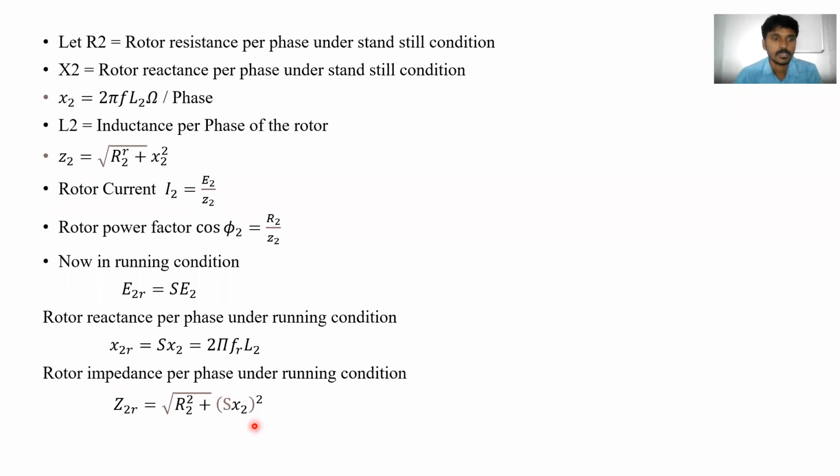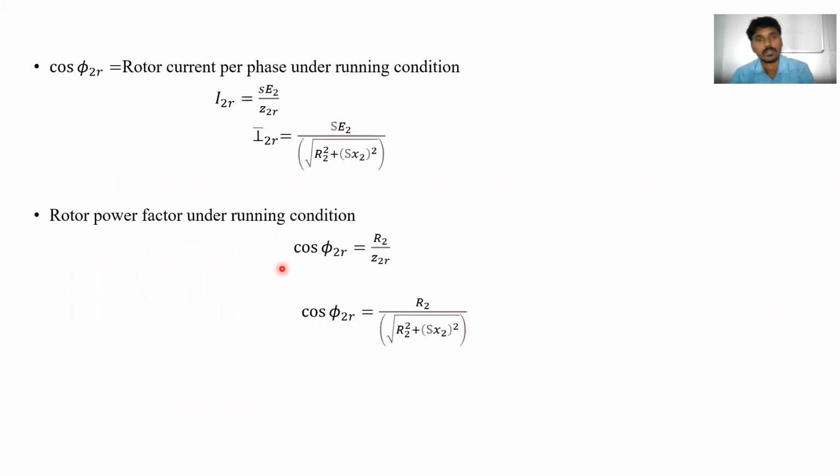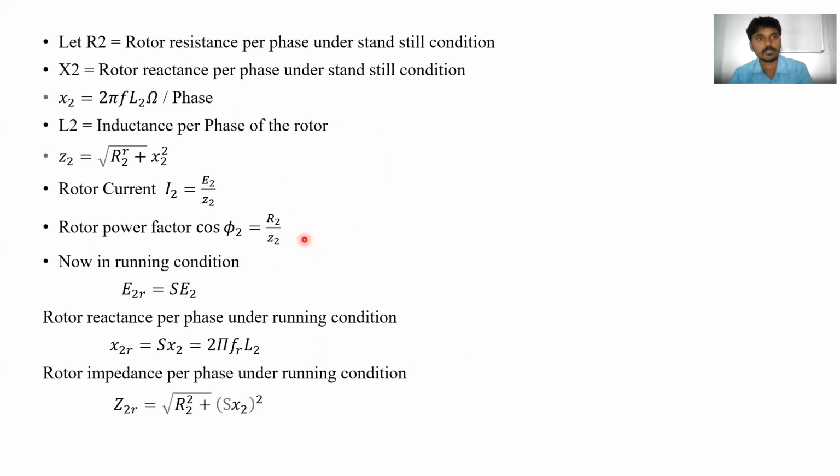This is the rotor impedance under the running condition, this is the rotor EMF under the running condition, and this is the rotor impedance at the standstill condition. Clear? This is the rotor current at the standstill condition. Standstill means the stop condition, when the motor speed is 0. All these equations we have seen in the previous lectures, and also the power factor and rotor current under the running condition.